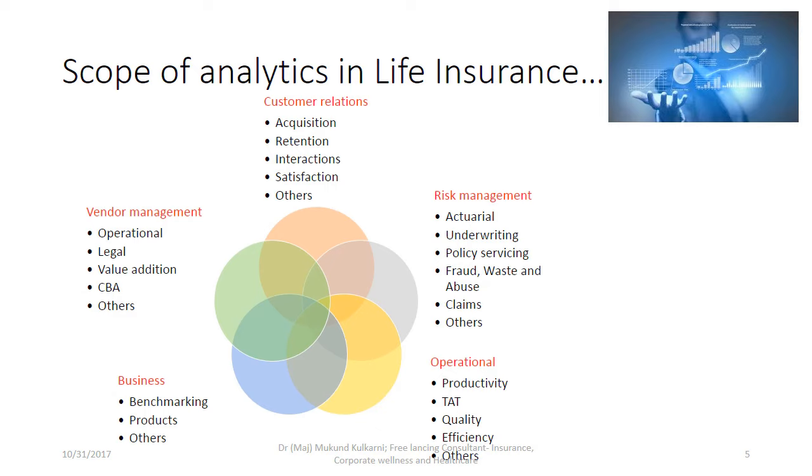The most important, which is the interface, is the customer relations part, and analytics are definitely something which should be used here in the first instance by any life insurer before moving on to the other internal ones which we just discussed. Why? Because at the end of the day, the customer is the one for whom the services are going to be provided.